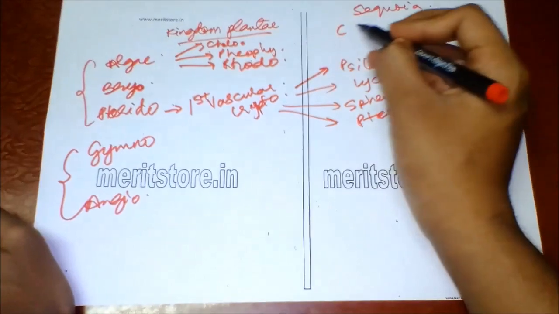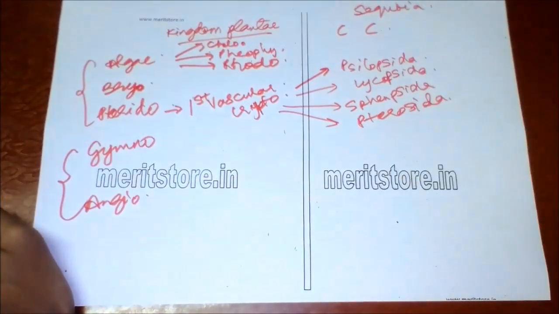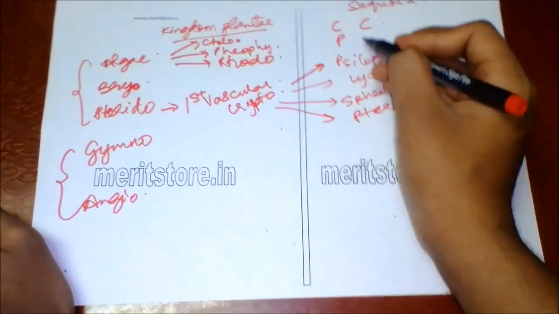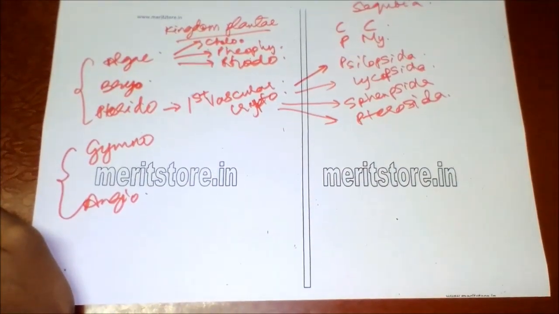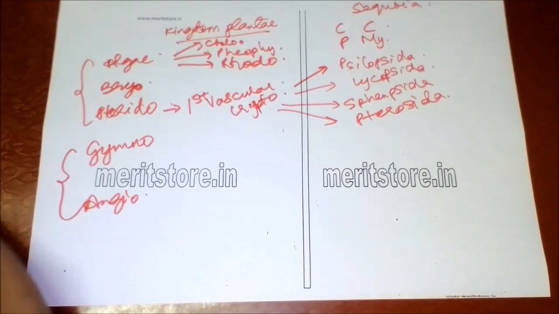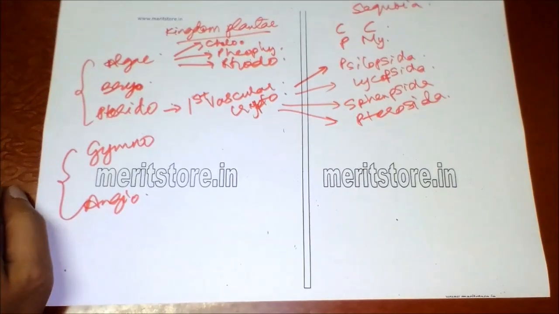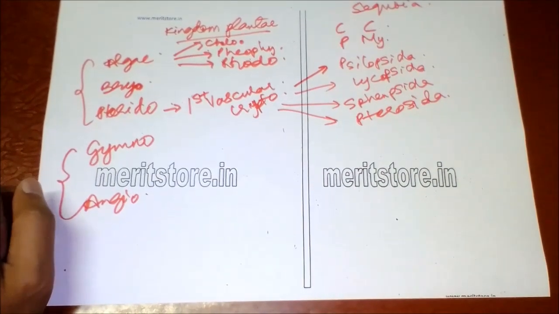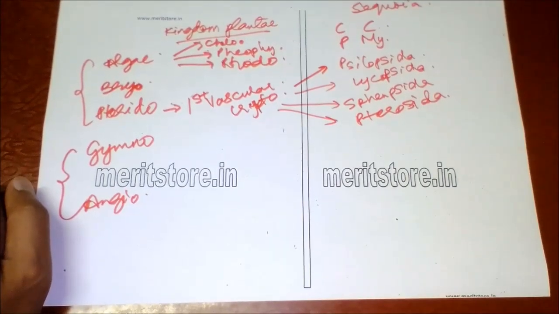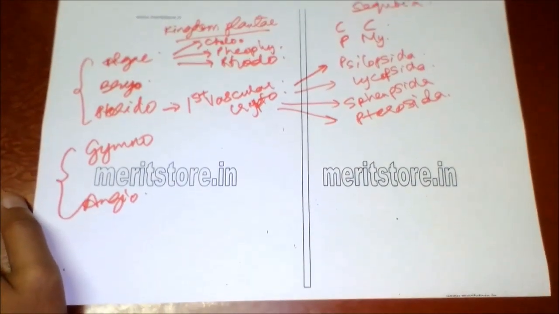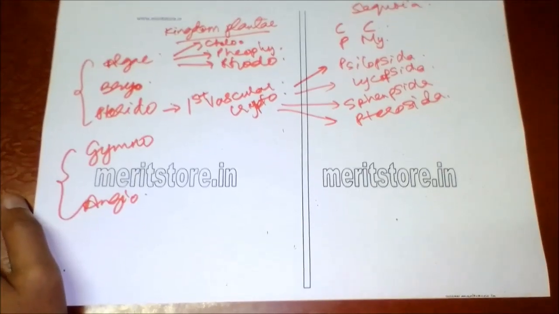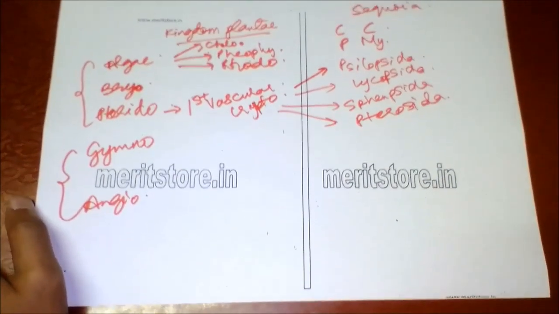So you can remember Cycas, C, and coralloid roots are from C, and Pinus forms a mycorrhizal relationship. Cycas forms coralloid roots which are associated with nitrogen fixation, like cyanobacteria. And conifers have needle-like structures. The male and female microsporangia of gymnosperms are important.